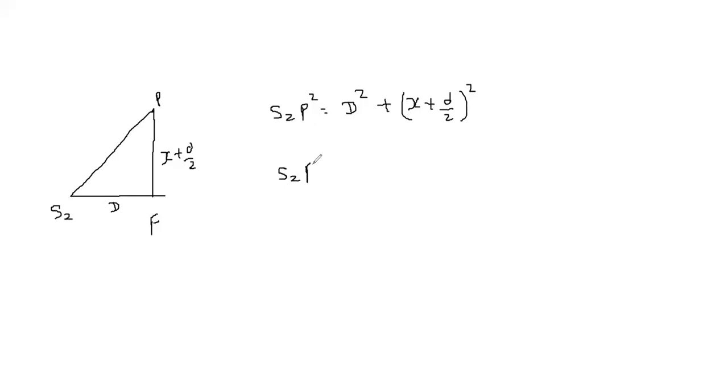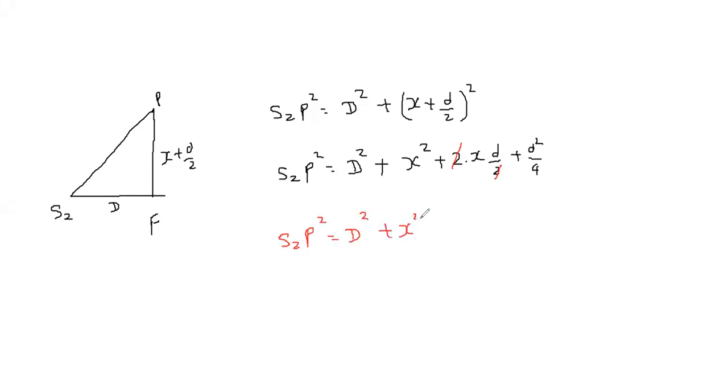So S2P square is equal to D square plus A plus B whole square, A square plus 2AB plus B square. Here also the 2 cancels. So S2P square is equal to D square plus X square plus XD plus D square by 4. Equation 2. Doubt in this?